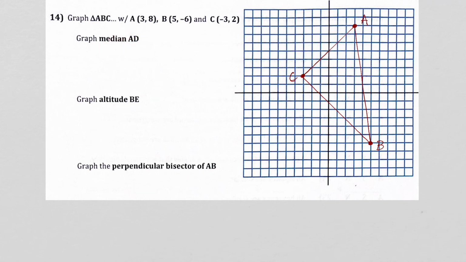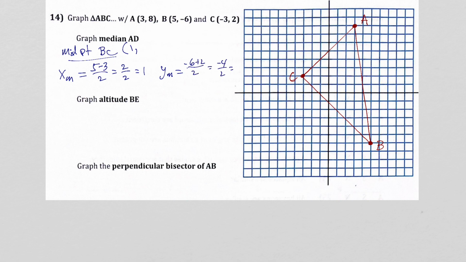The median AD, well, it's coming from A and it's got to hit the midpoint of this. So I need to know the midpoint of BC. The x value of the midpoint is the sum of the x's, 5 plus negative 3, over 2, which is 1. The y value of the midpoint is the sum of the y's, negative 6 plus 2, negative 2.